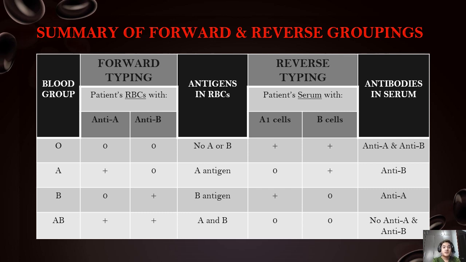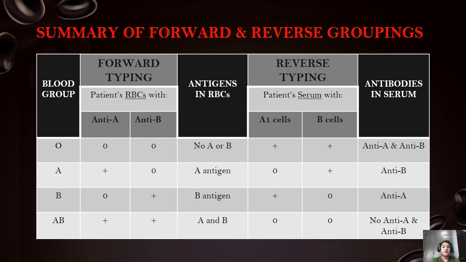So it will demonstrate agglutination with the A1 and B cells under the reverse grouping. So remember class, that a blood type O individual does not contain any antigens on his red cells. And that's the main reason why it is the universal donor.